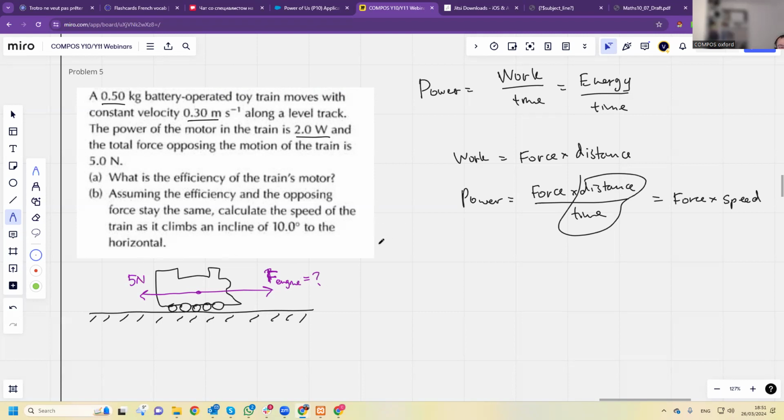Okay, what is it? Nothing to do with GPE. This is to do with Newton's laws.